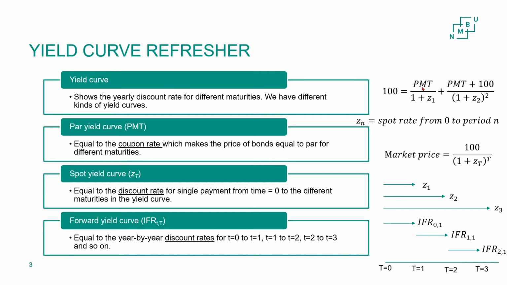What you have to do is find this coupon rate numerically, and numerically just means guessing. Guessing in a fairly systematic way. So you have to guess the payment. If the payment you put in is too high, then the value of the bond is higher than 100. Then you have to lower the payment. Okay, so that's how you find the par yield curve by using the spot rates.